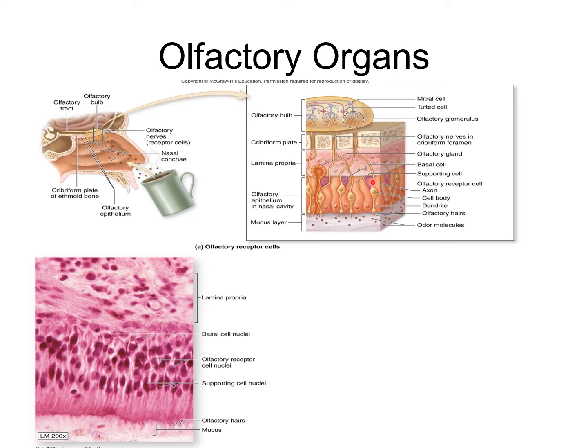Those stem cells can regenerate those olfactory neurons every 30 to 60 days. As we age, this process becomes much slower, and so as we age, it becomes harder for us to pick up and smell those odorants as before.